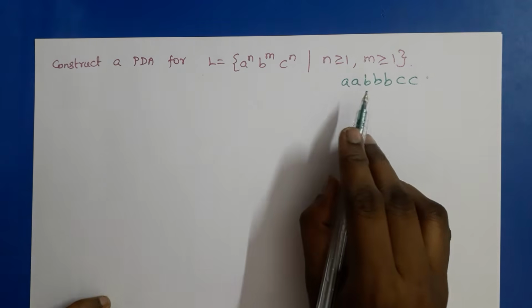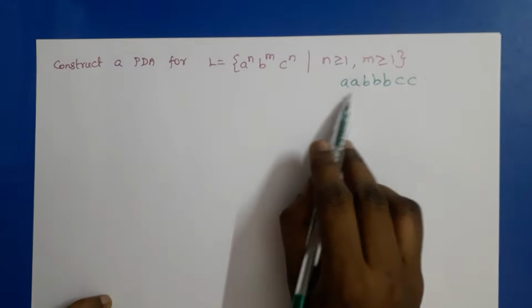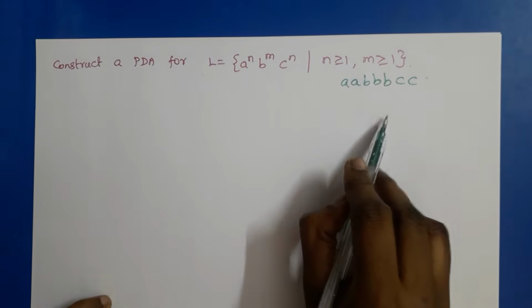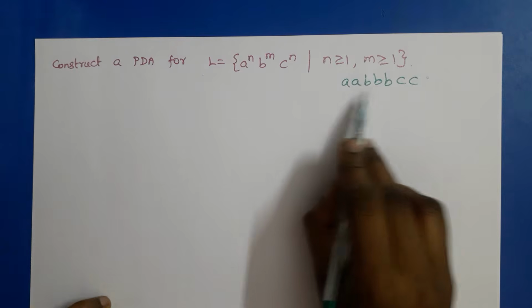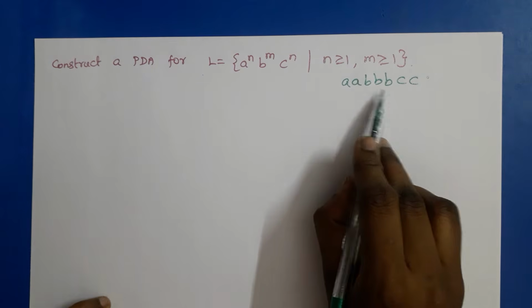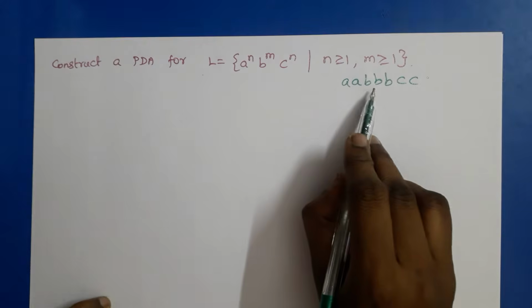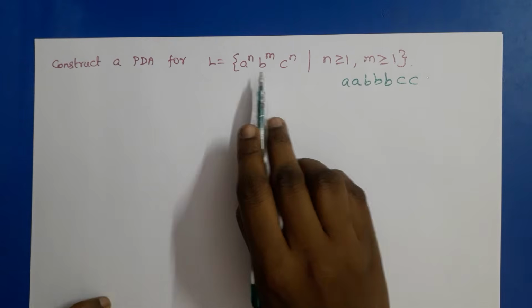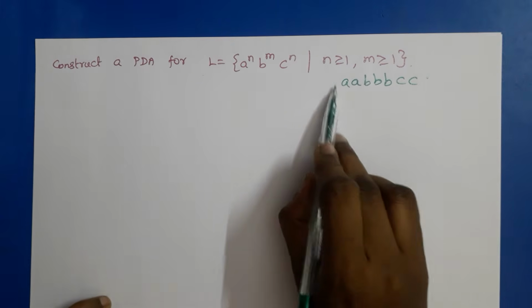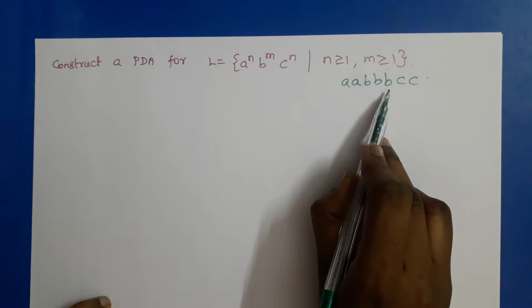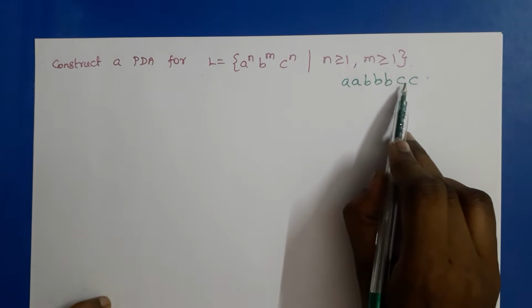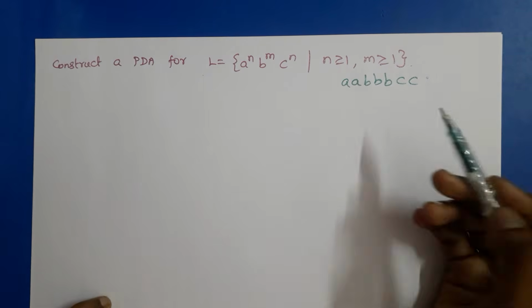So we can do this problem by inserting all A's onto the stack, and for each B that we read, we don't do any operation on the stack, that is, a no change operation, because there is no need to match B with any symbol. So all A's must be pushed onto the stack. For B's, no change operation, and for each C, we have to pop one A from the stack.